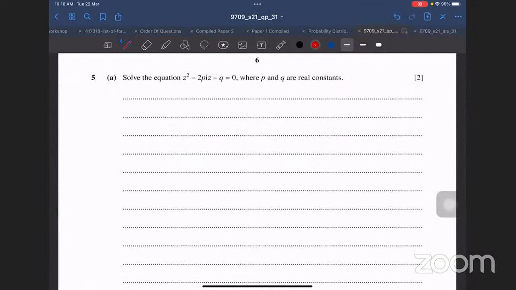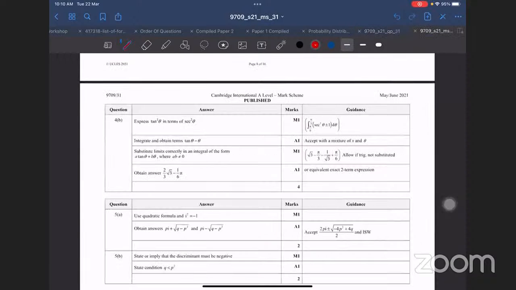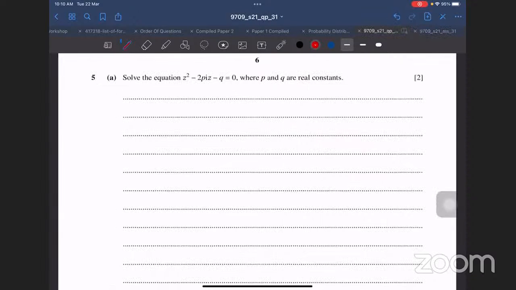Okay, so this next question is about solving a quadratic equation with complex numbers. So I'm going to use the quadratic formula, minus b plus minus root of b square minus 4ac over 2a.